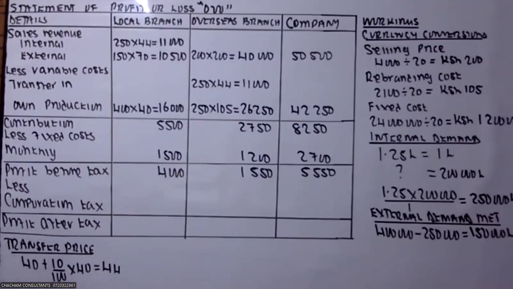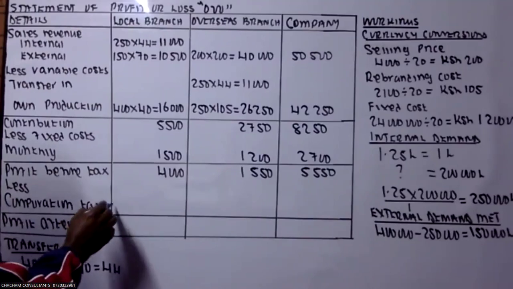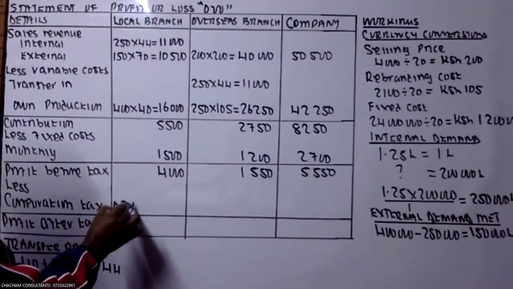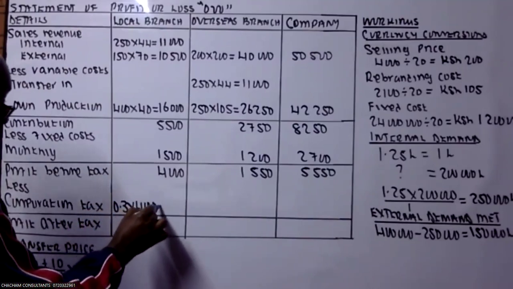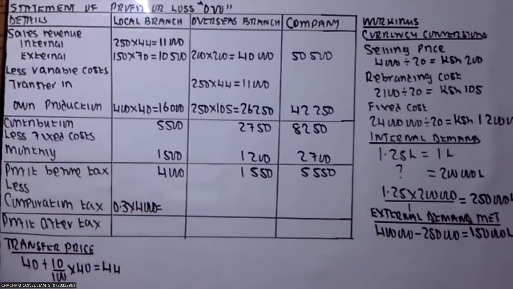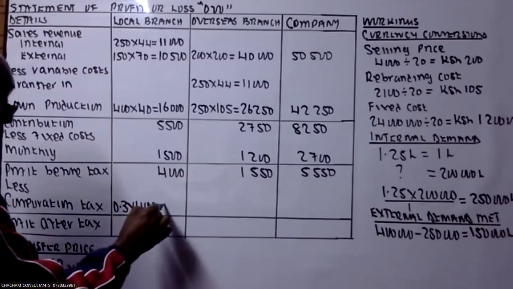Then corporate tax. Corporate tax in Kenya is 28%. No, it's 30%. So 30% of the 4,000. $1,200.